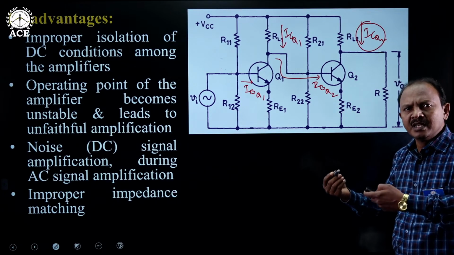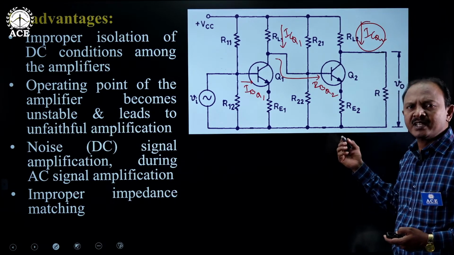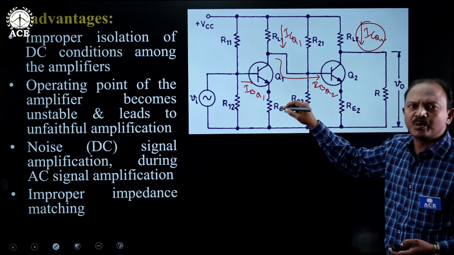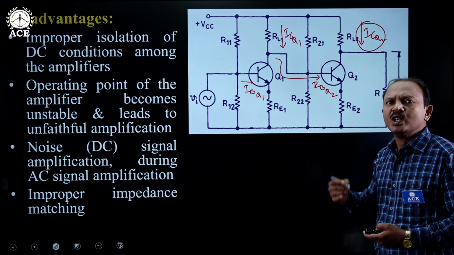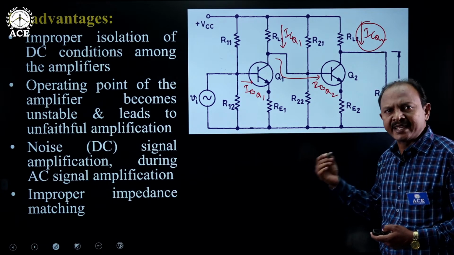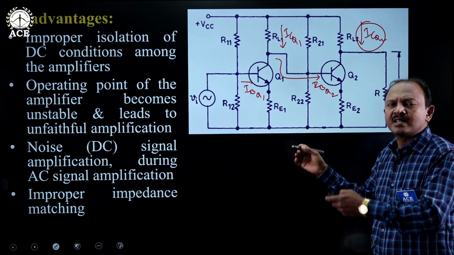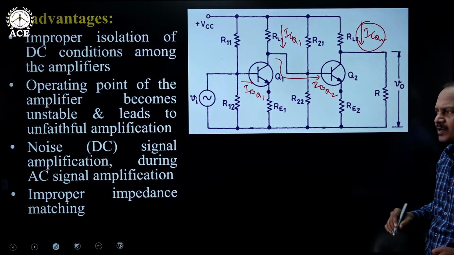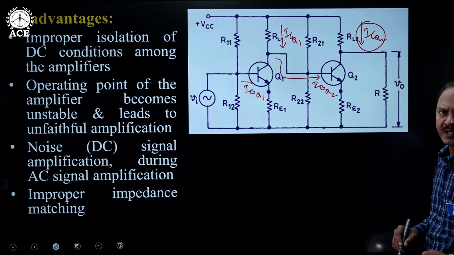That means the output impedance of the first stage CE amplifier is not matched with the input impedance of the second stage CE amplifier. Unfortunately, in the direct coupled amplifier or direct coupled mechanism, no additional precaution is taken or no additional arrangement is made to match the impedance of the first stage with the input impedance of the second stage. These are the basic drawbacks of this direct coupling scheme.